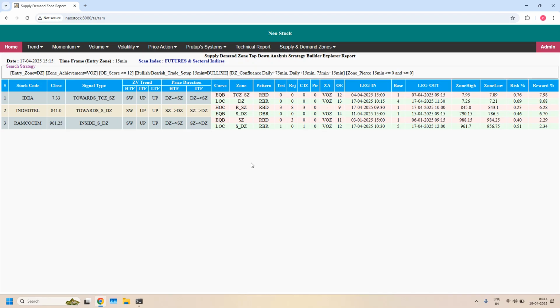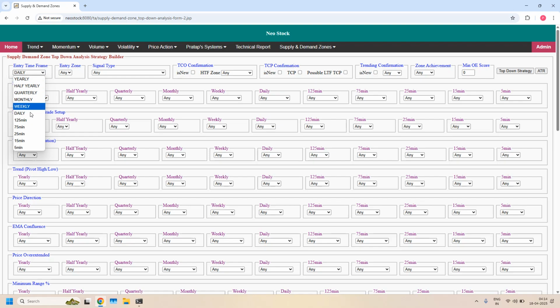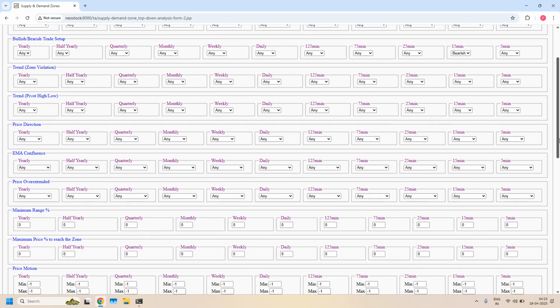Next, we will look into bearish trade setup for daily income trade. So entry time frame 15 minutes, entry zone supply zone. In bullish or bearish trade setup at 15 minutes time frame, I am selecting bearish. Zone achievement should be violated opposing zone, minimum odd enhancer score 12, and also 15 minute supply zone should not be pierced.